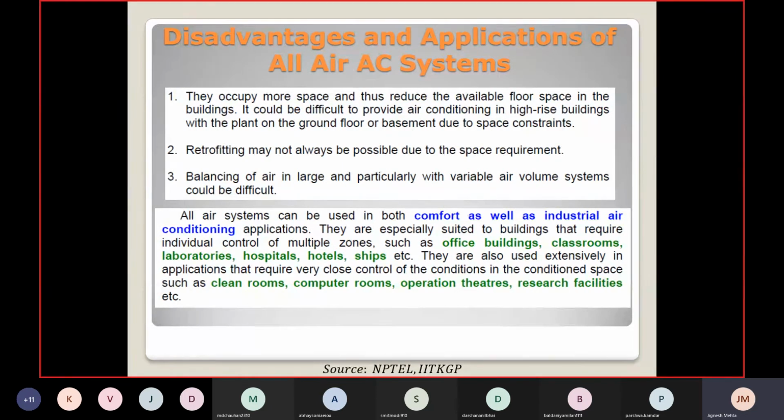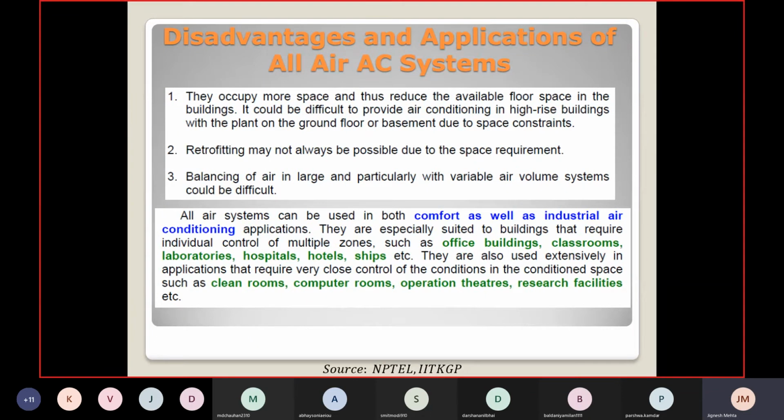So your duct has to run through all the floors. When you say duct, it's not a very small thing like a pipe, right? So there may be some space constraints. So retrofitting may not always be possible due to space requirement. Retrofitting means you want to modify something at a later stage, so it may not be very easy.